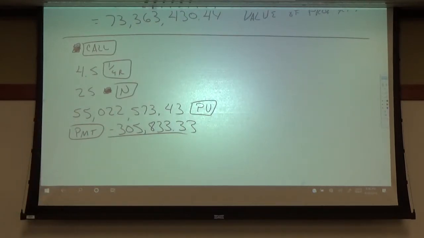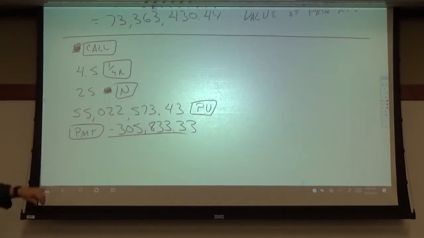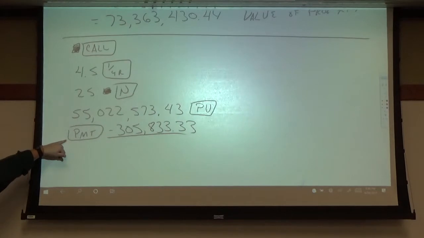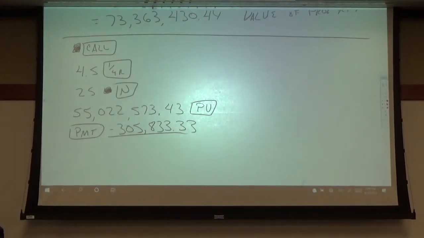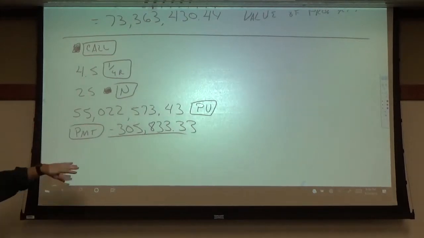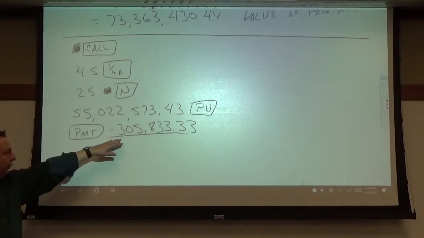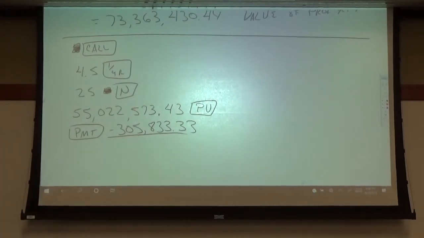You can put those three in any order you want. In other words, you can put the present value, then the term, then the interest rate. You can put the term, then the present value, then the interest, those three can be in any order you want because those are the inputs, okay? The output variable, which is the last one that you're solving for, that obviously has to be last because you can't really solve for something if you don't have all the inputs, okay? So in this case, we're solving for what is the payment, so it's the last thing we solve for, and we get that.